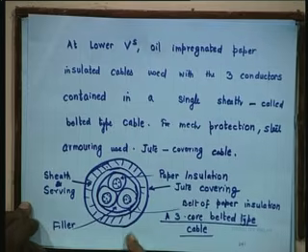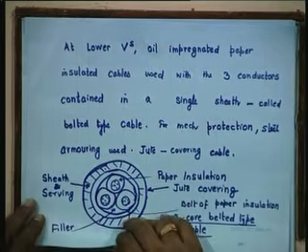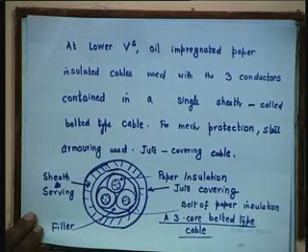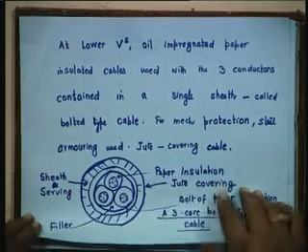You can see a better figure in any book. For mechanical protection, steel armouring is used. So we need protection, and jute is the final covering.